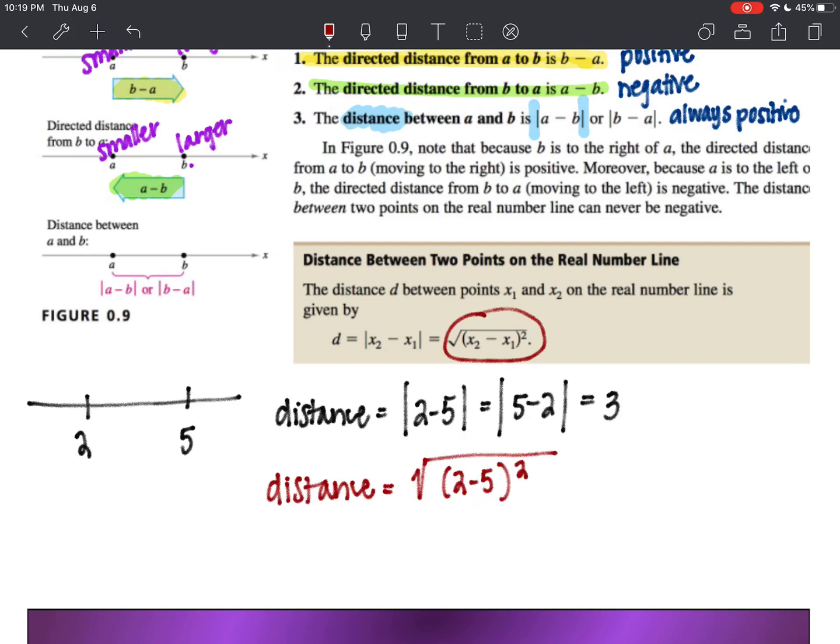I meant the square root. So it equals the square root of negative 3 squared, and negative 3 squared is 9, which gives a positive 3. So this square is going to take any number and make it positive. So that's how that works.